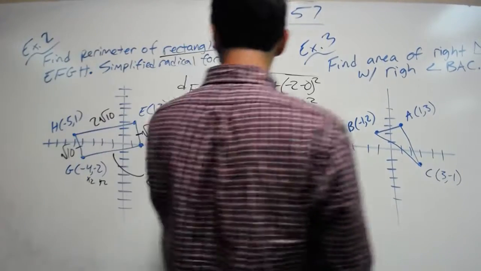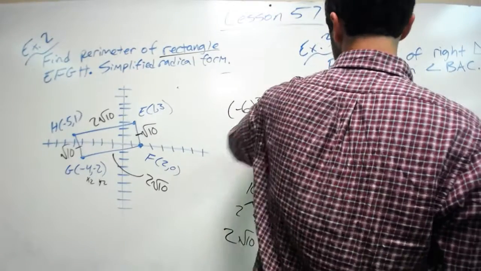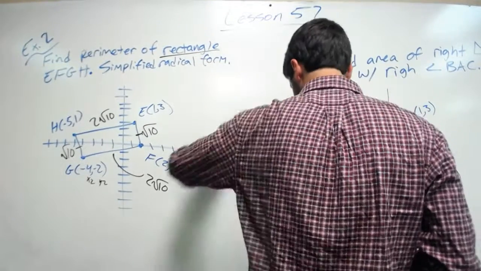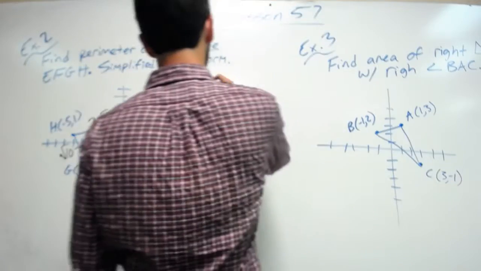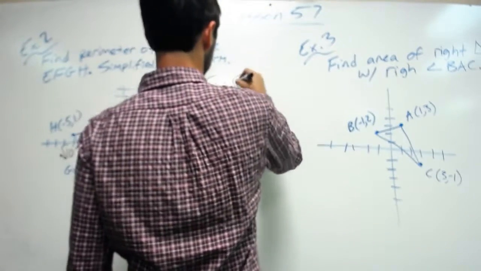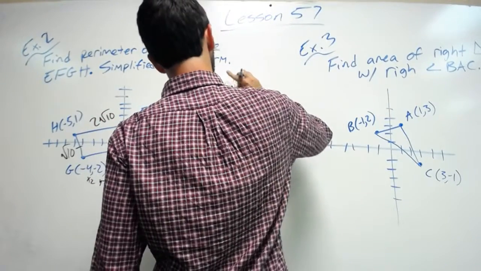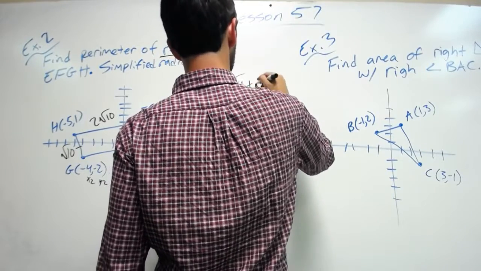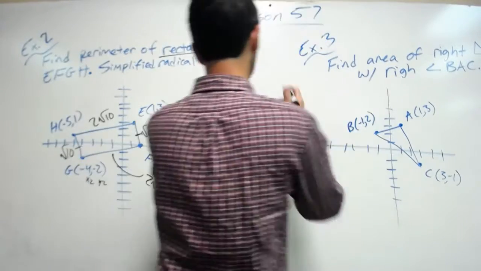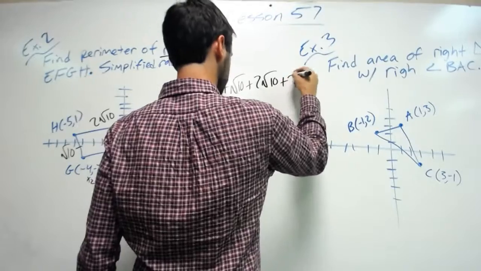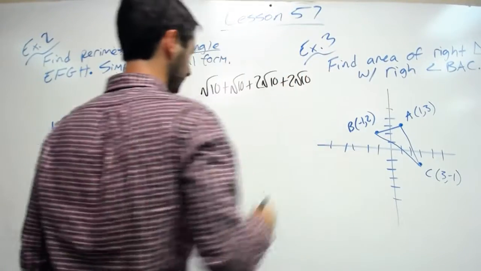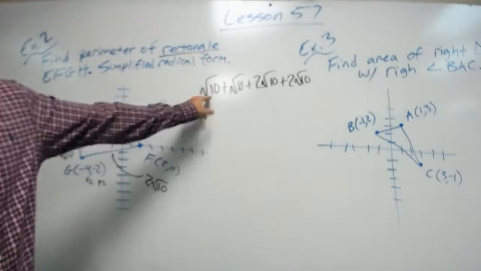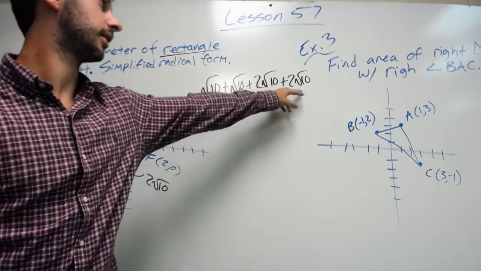So now that we know all four side lengths, we can add them together. So we do radical 10 plus radical 10 plus 2 radical 10 plus 2 radical 10. Well, they all actually are like terms. They all have radical 10.